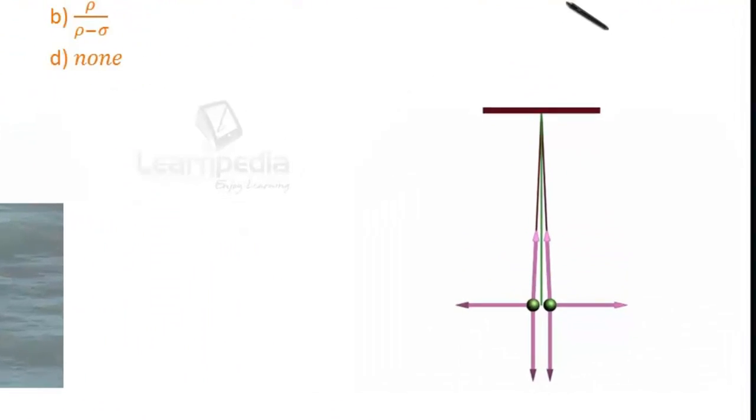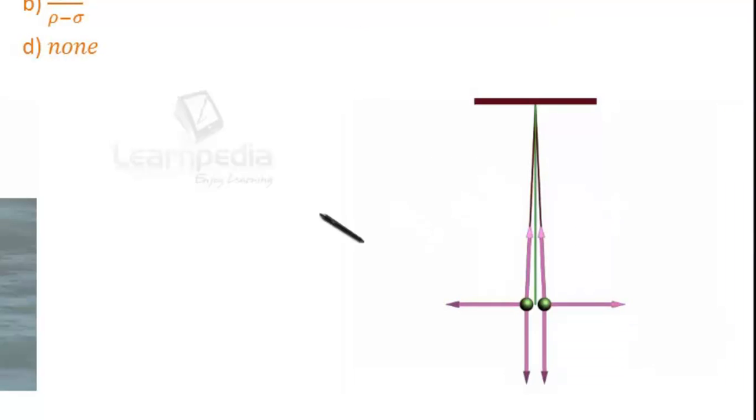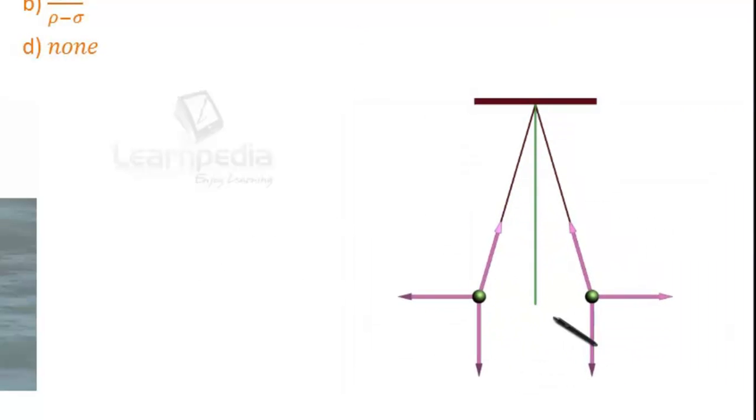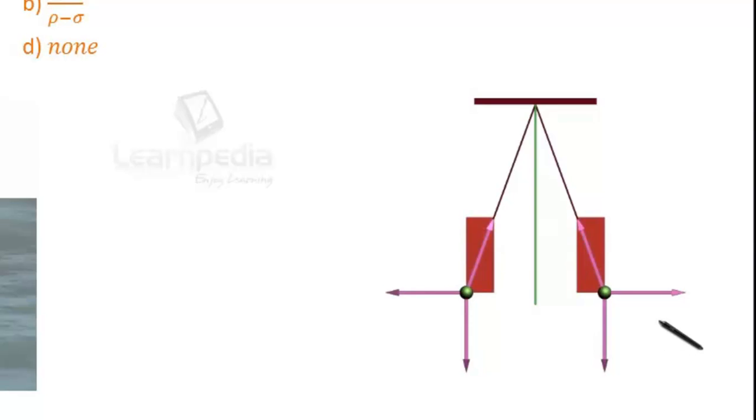First of all, let us consider the first situation in which these two balls are repelled away from each other due to this electrostatic force. Here, this is the electrostatic force F, and the medium at this time is normal air. Suppose T is the tension in the rope. We can find two components of the tension along the horizontal and vertical.